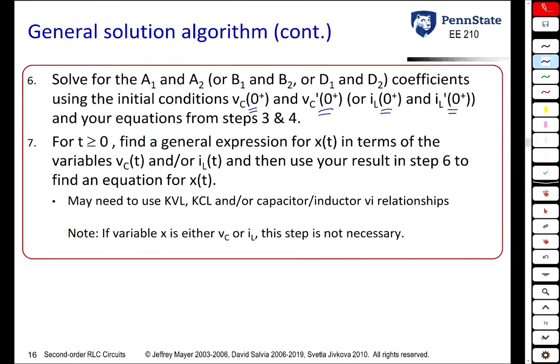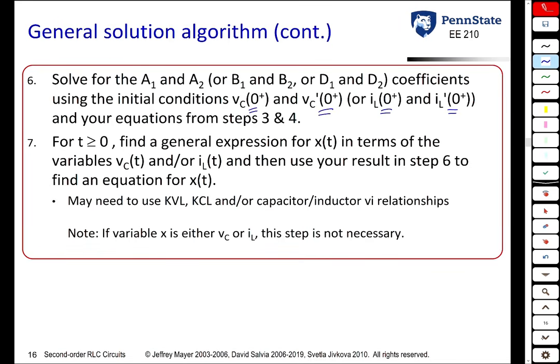So in step 3 and step 4, you have two equations. In the initial step and step 5, you have two initial conditions. You plug those initial conditions into the equations to solve for A1, A2, B1 and B2, or D1 and D2.